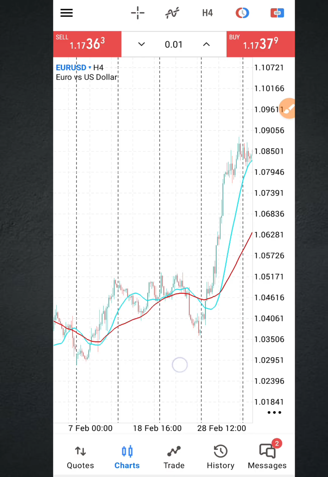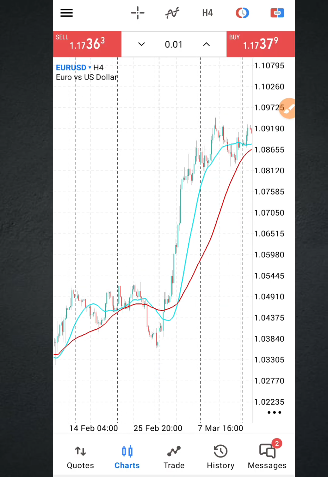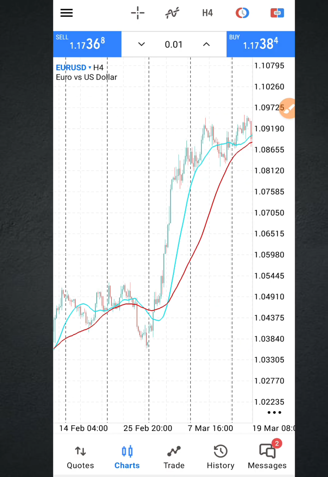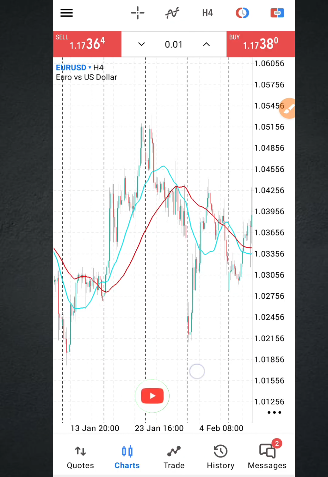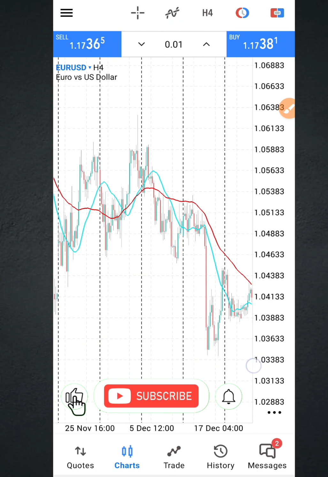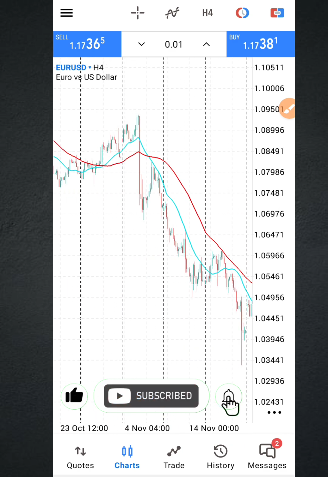Keep your chart as simple as possible. Fewer complications will make you more profitable than when you load your chart with lots and lots of indicators, because those things can give conflicting data and then they will be messing up your trades. So the best thing is to focus on just two moving averages and you'll see yourself making loads of profit.